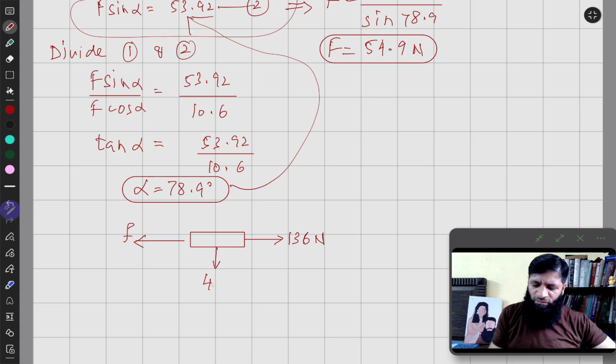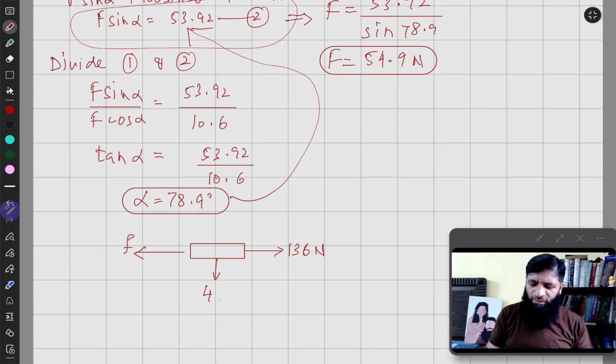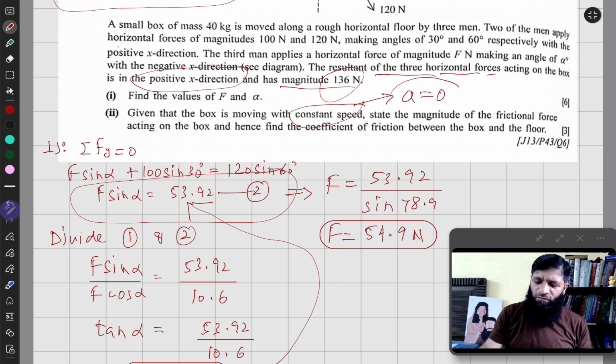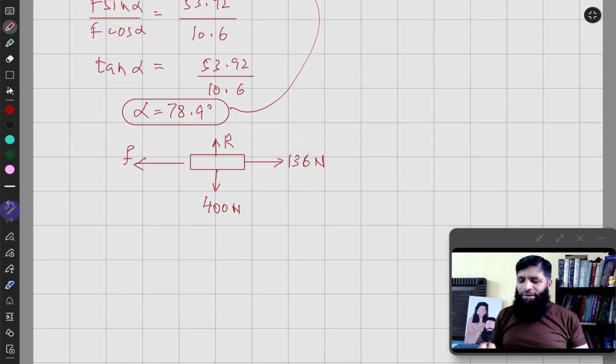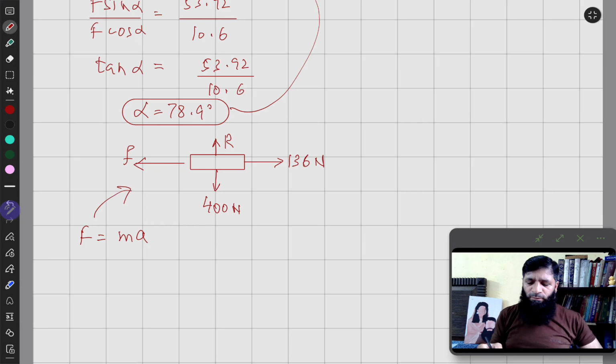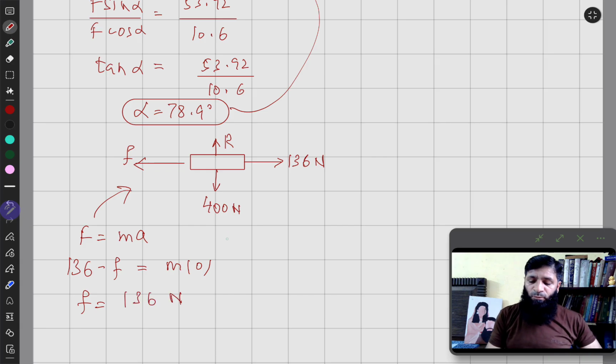Plus, the weight is 400 newtons, and this will be the value of R. Now, because the object is moving with constant speed, the acceleration will be 0. You can apply Newton's second law here, which is F is equal to ma. F is basically the net force. Net force will be 136 minus F, and acceleration is 0. So the frictional force will be 136 newtons.